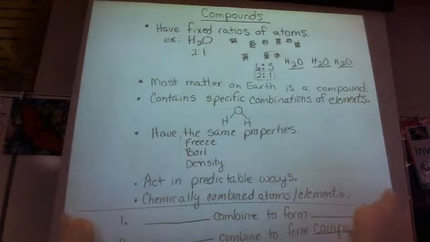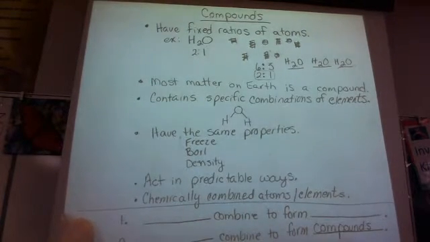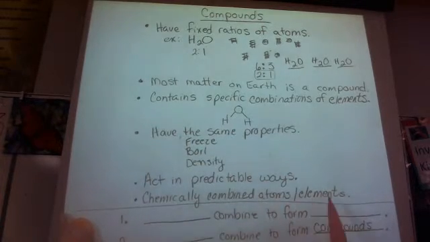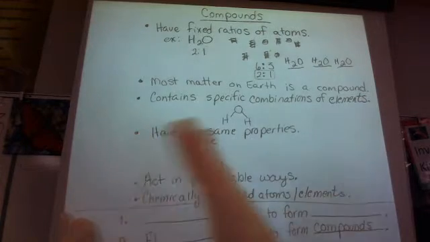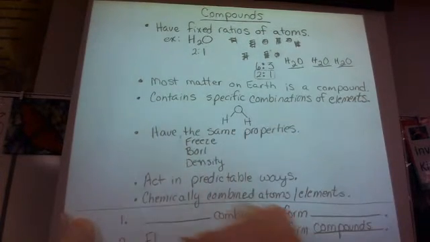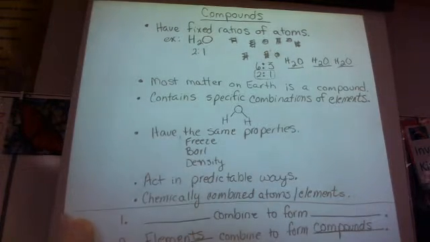We'll slowly fill these in and see if you think the other ones can reveal themselves. What combine to form compounds? Okay. It could be elements or atoms. We're going to go with elements because we know that 2 or more atoms is an element. So we're going to say elements. It could be atoms. You're right.